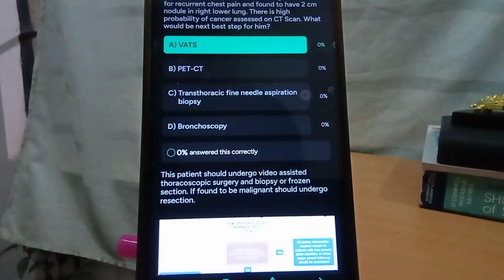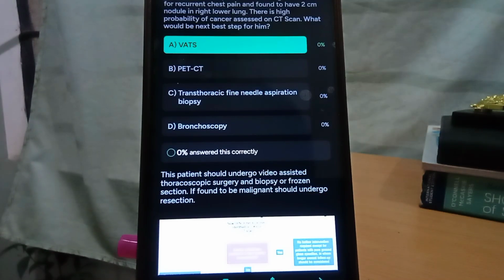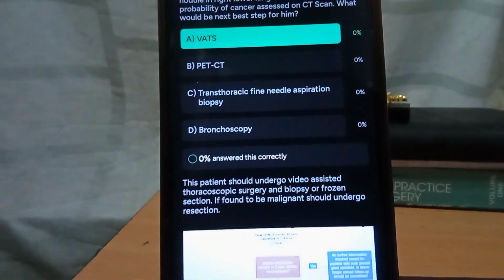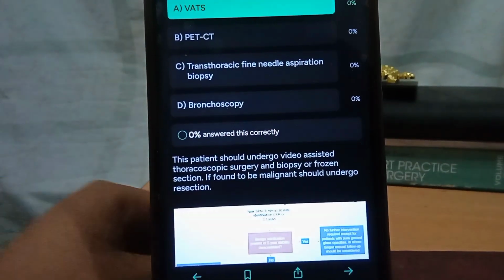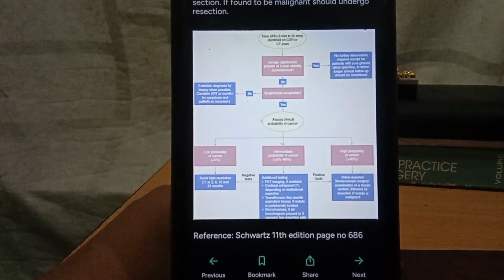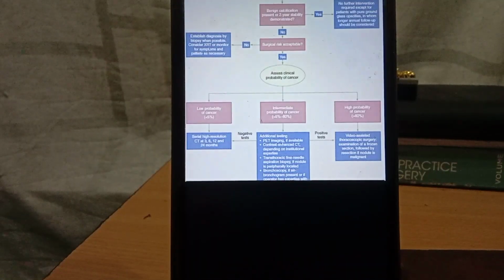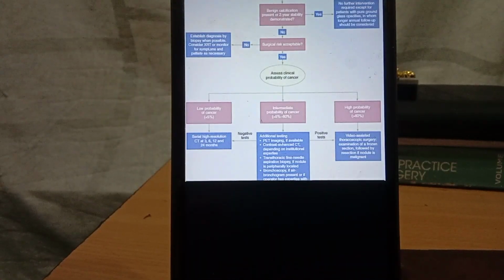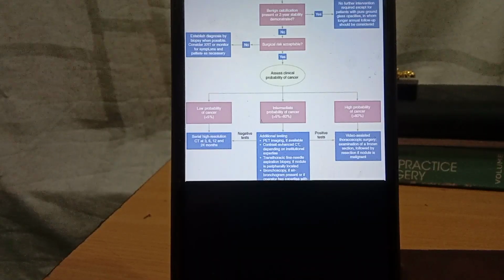So the question is, a 35-year-old male patient has undergone CT scan for recurrent chest pain and found to have a 2 cm nodule on the right lower lung. Here we see that when there is low probability of cancer, we do serial high resolution CT at 3, 6, 12 and 24 months.